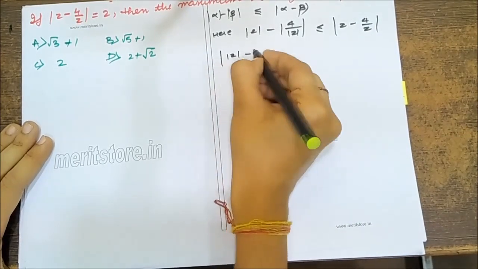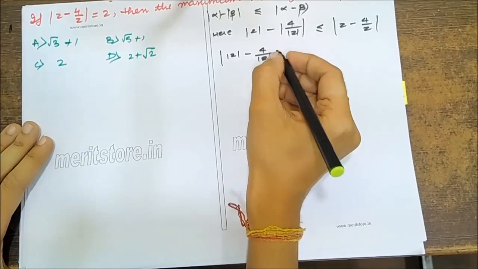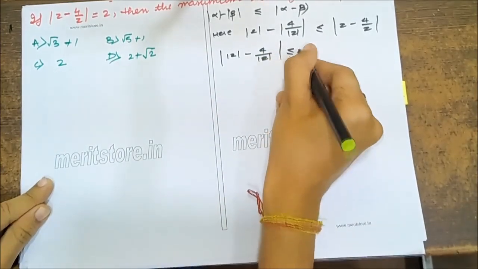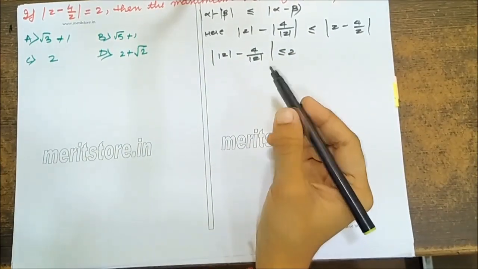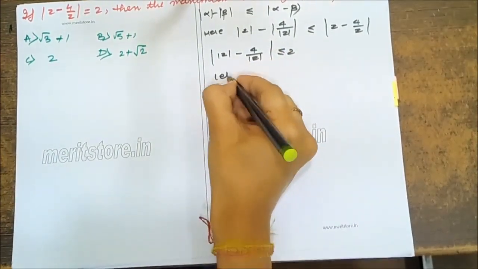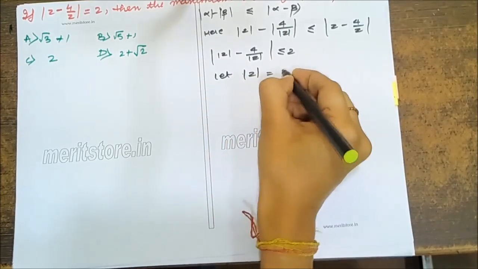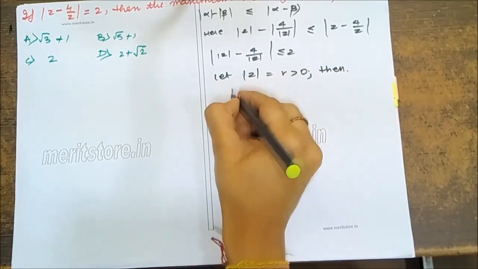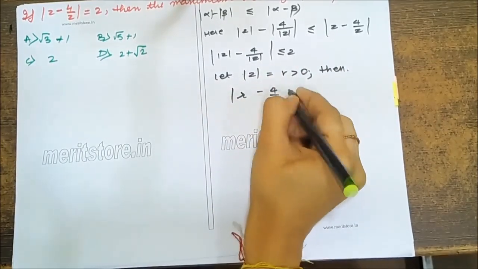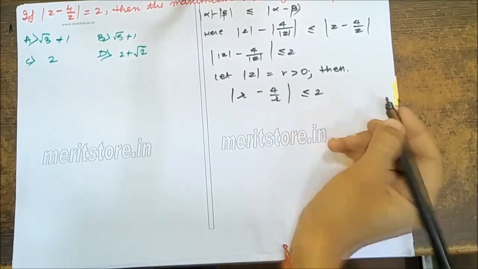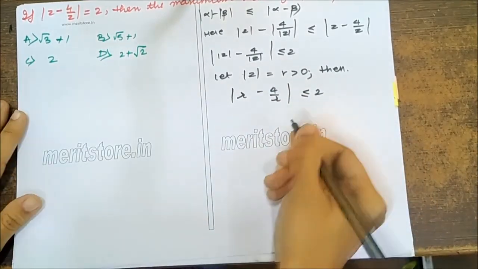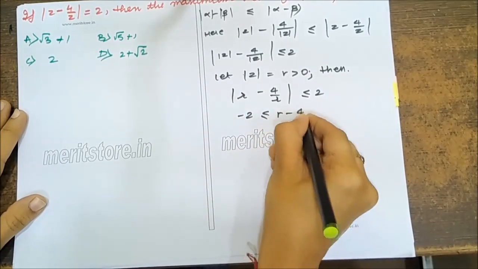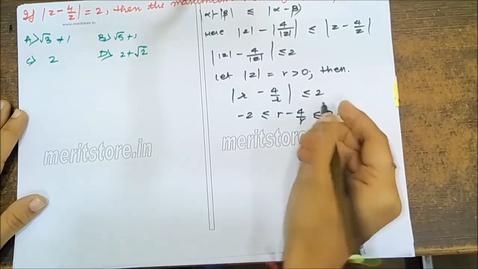So modulus of z minus 4 upon z is 2. Let modulus of z be equal to r greater than or equal to 0, then modulus of r minus 4 upon r will be less than or equal to 2. So minus 2 less than or equal to r minus 4 upon r less than or equal to 2.